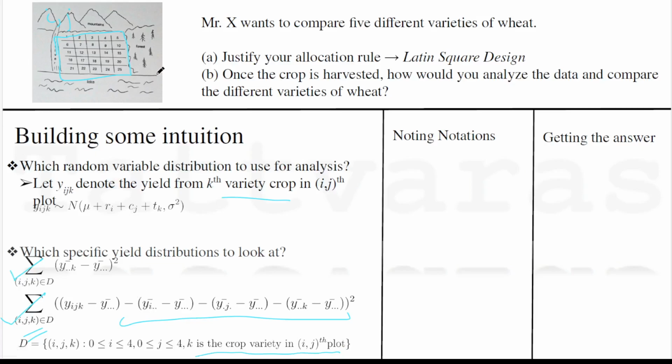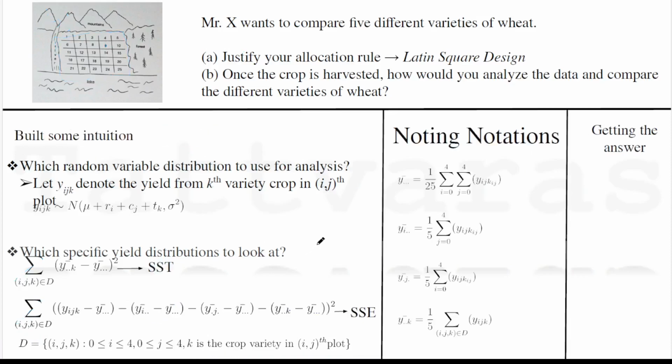And when they have taken values from 0 to 4, then K would be that crop variety, say crop 0 or crop 1, that would be in the ijth plot. So if I have something like y 1, 2, 3, it means this position would have the third variety of crop. That's what this indexing means.